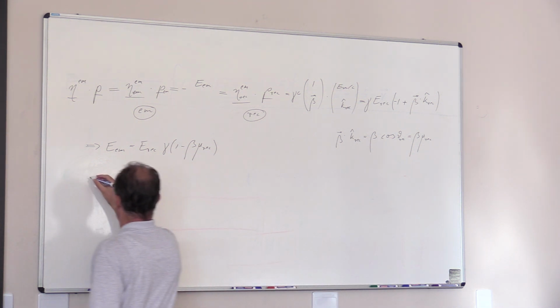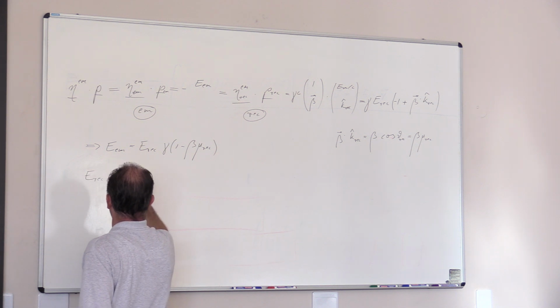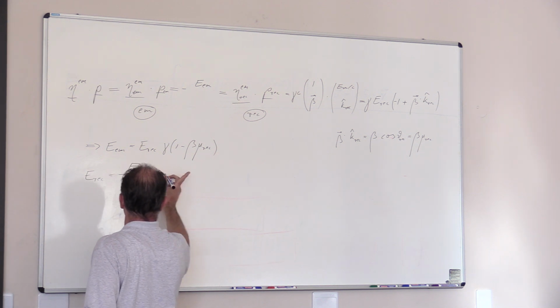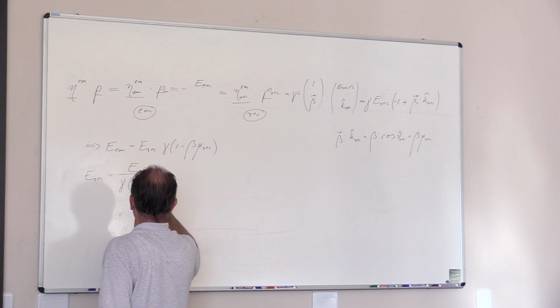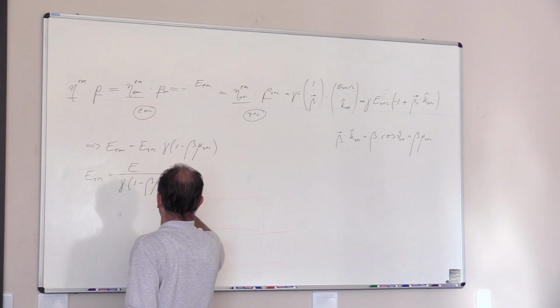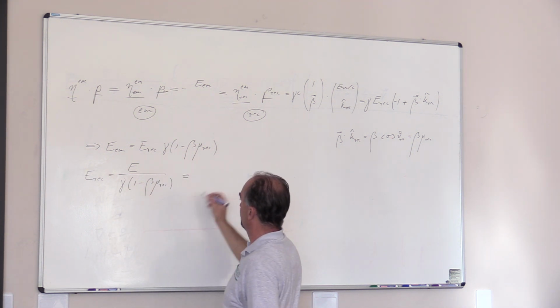Or another way to see that, we receive the photon at an energy that is boosted by a correction factor 1 over gamma times (1 minus beta mu). And this is often called the Doppler factor.